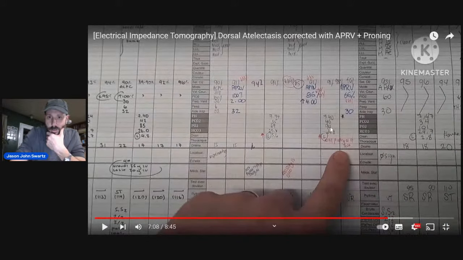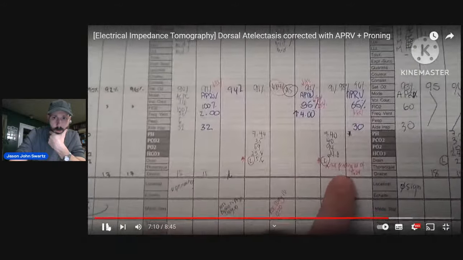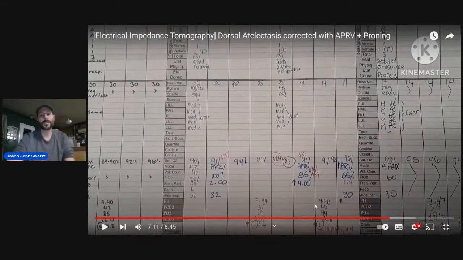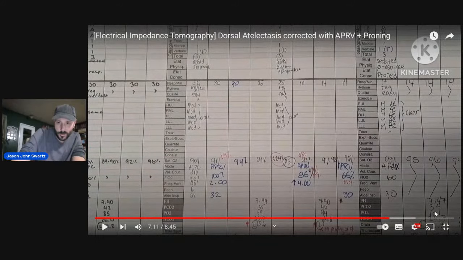So 85, 65 was after proning, 60, blood gas improves drastically, 7.47 and a 34. Here's a proning around that. But look at this though. We're at 7.47. And to be honest, these are not arterials; these are venous.